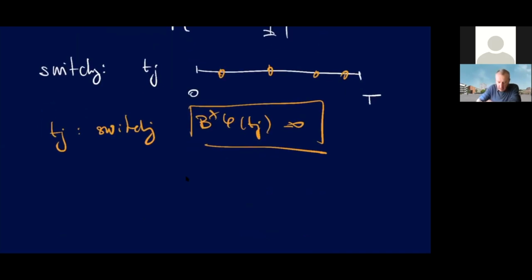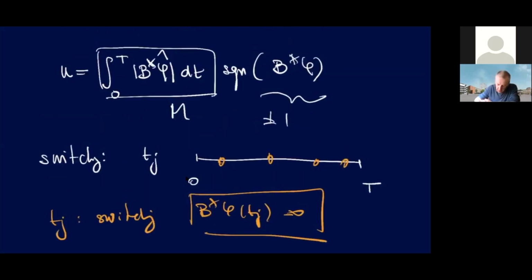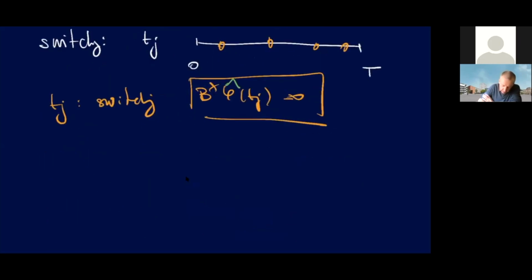And as I said, how many times does this switch? Well, this switches finitely many times, right? Because phi is an analytic function, the solution of the adjoint system, so maybe the minimizer, but it doesn't matter. Phi fulfills this adjoint equation. So phi switches finitely many times.